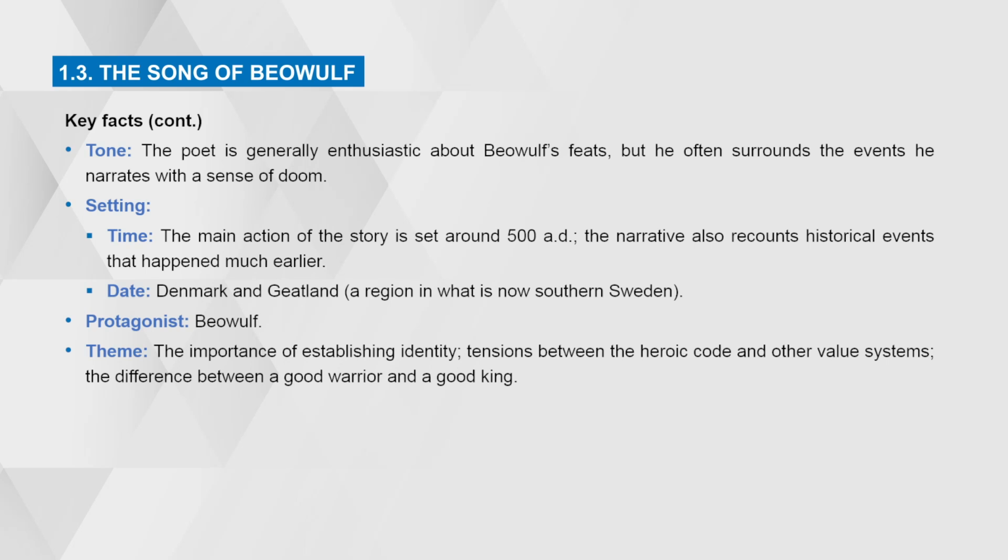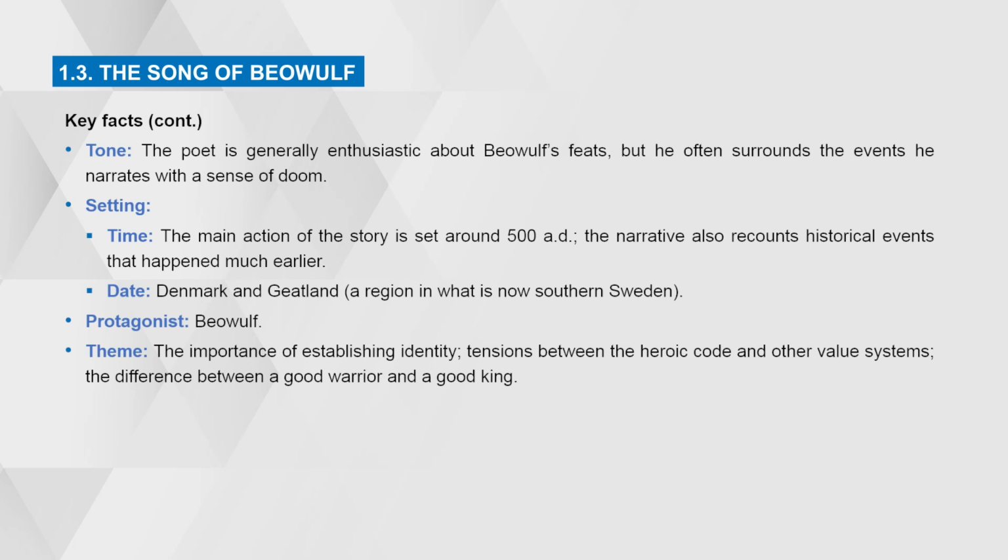Okay, let's discuss the setting. What do you think about the setting of the poem? The time? The main action of the story is set around 500 AD. The narrative also recounts historical events that happened much earlier. What about the place?